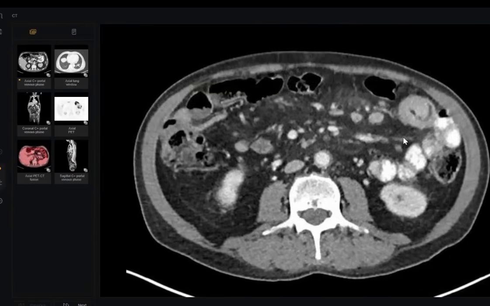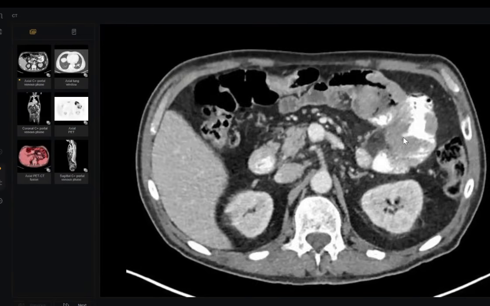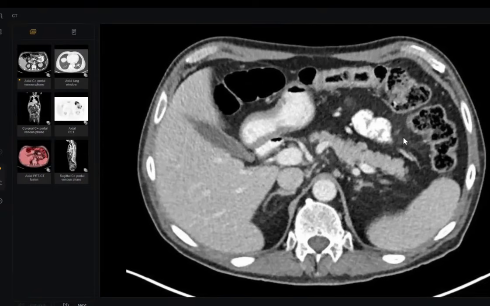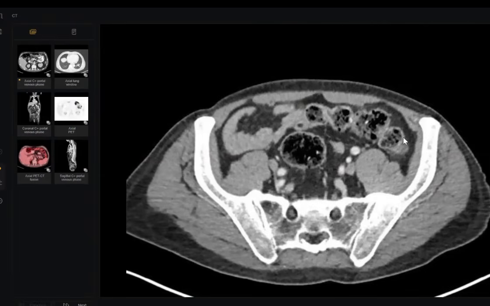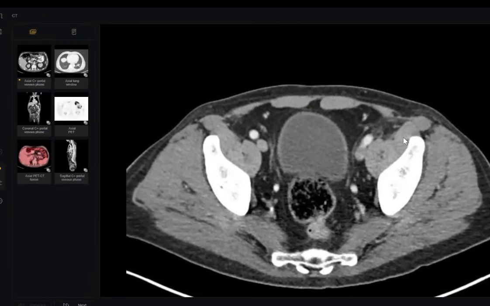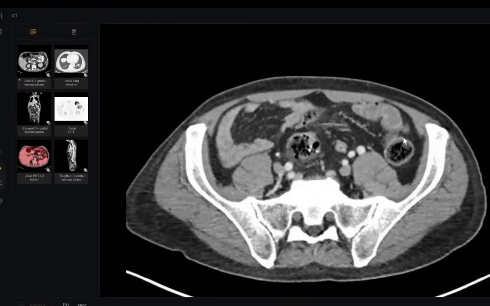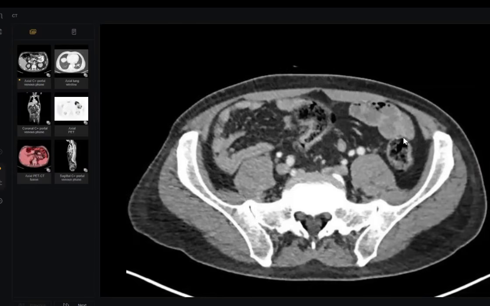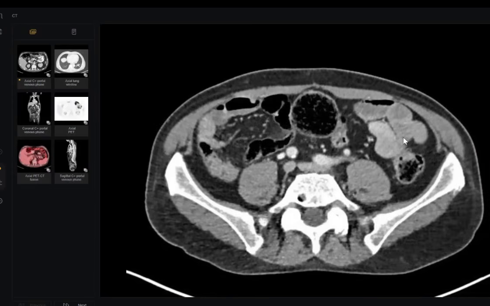In addition to that, the liver and the spleen seem fine to me. I am looking for any retroperitoneal lymphadenopathy, though I could not appreciate any. So, based on these findings, I am thinking of lymphoma as my first differential, as there is aneurysmal dilatation of the bowel loop without any obvious obstruction.